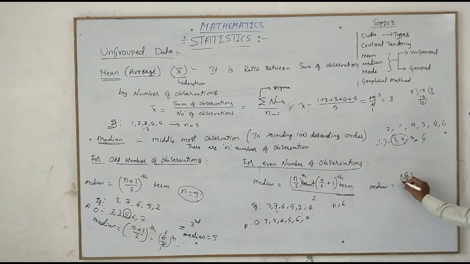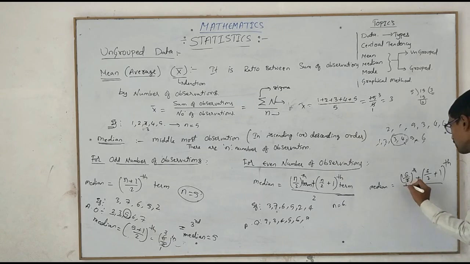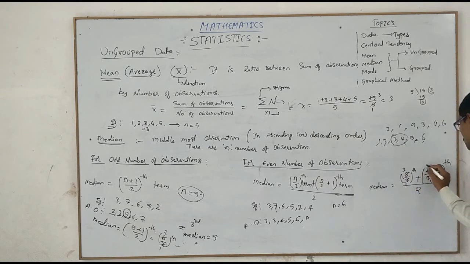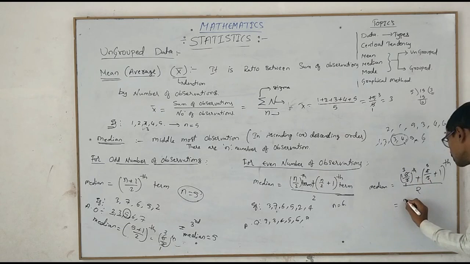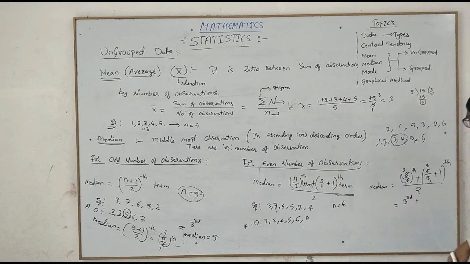6 by 2th term plus 6 by 2 plus 1th term, whole divided by 2. That is the average. So 2 1s are 2, 2 3s are 6, and here I am getting the third term plus 3 plus 1, that is the fourth term, divided by 2. What is the third term?